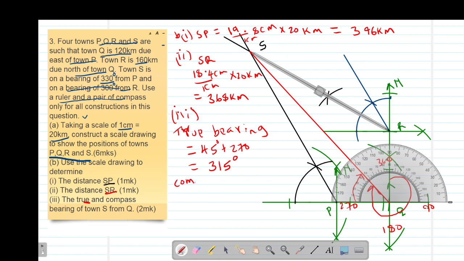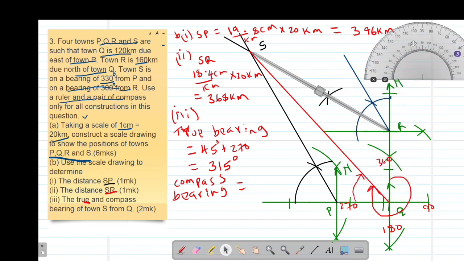Then the compass bearing, remember we said the compass bearing is measured from the north-south line. So the angle that we are going to need for this particular case is this angle, because this is where we have the north, then this is the south.